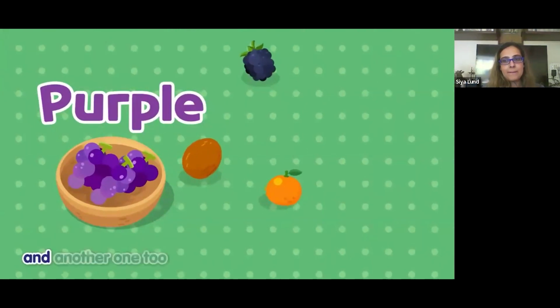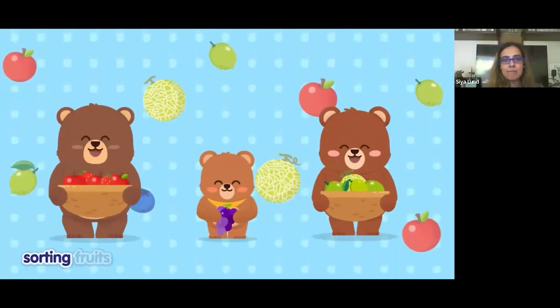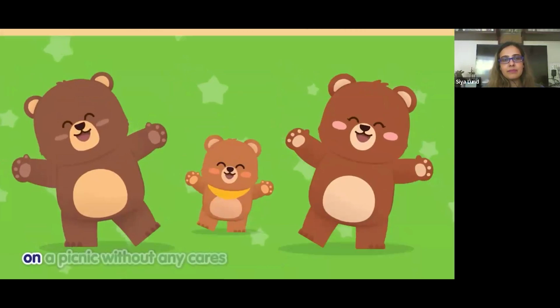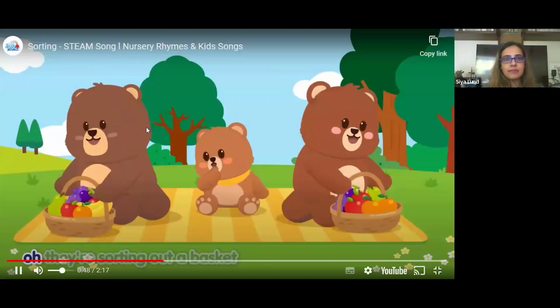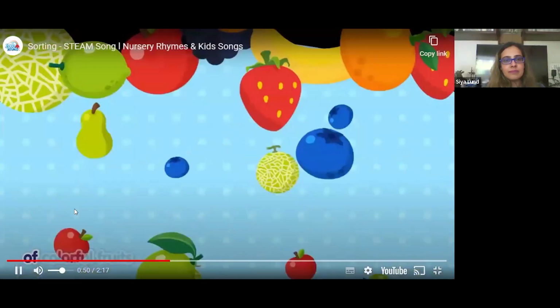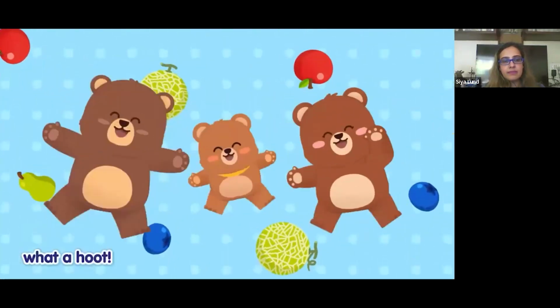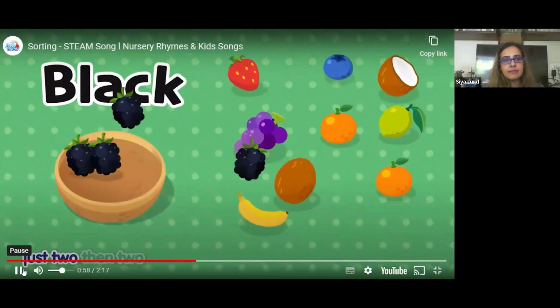Purple with the purple, and another one too. Just a family of bears sorting fruits. Black ones, just two, then two.